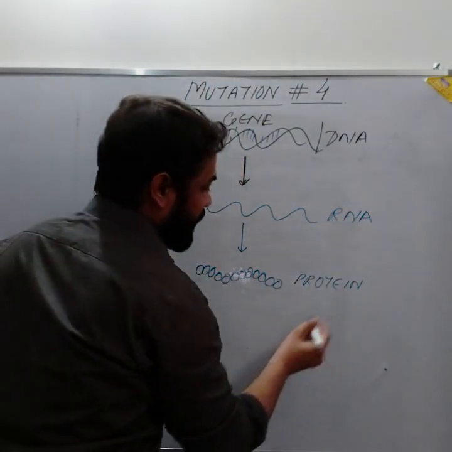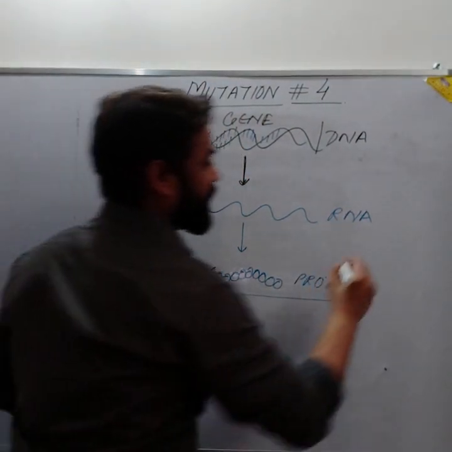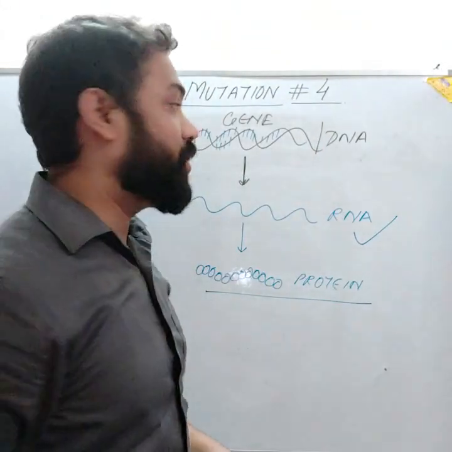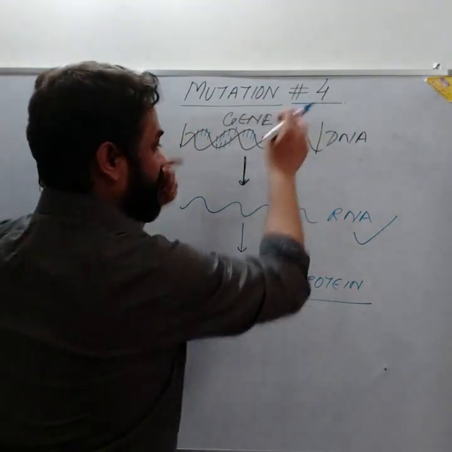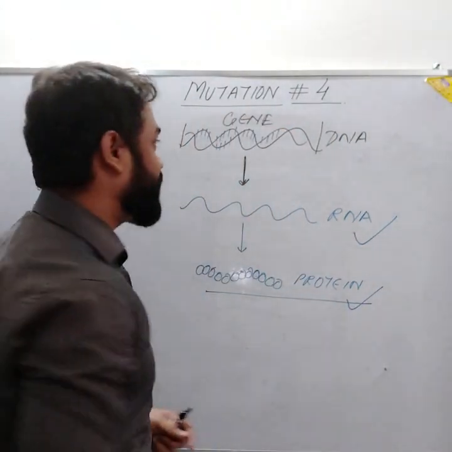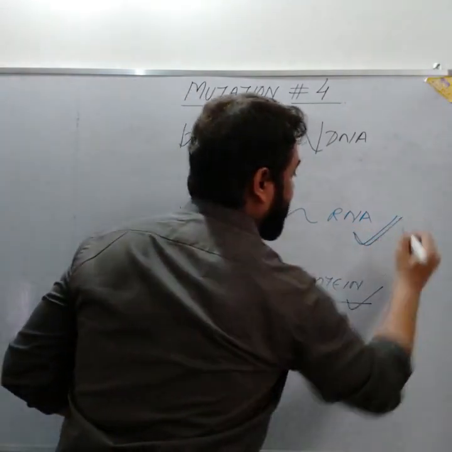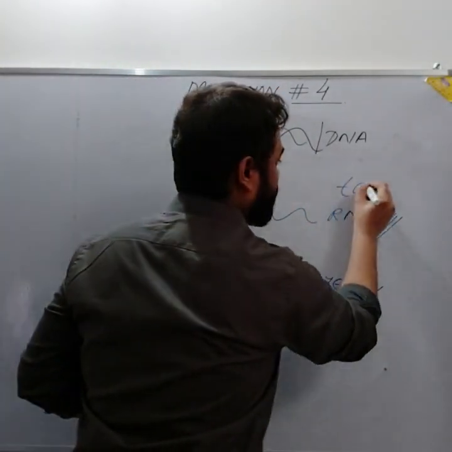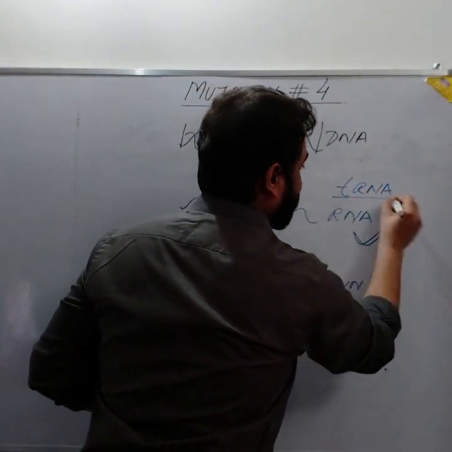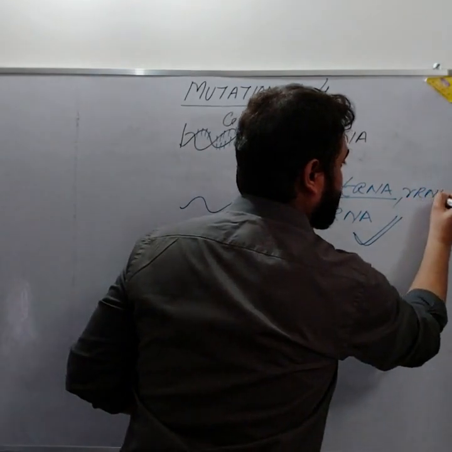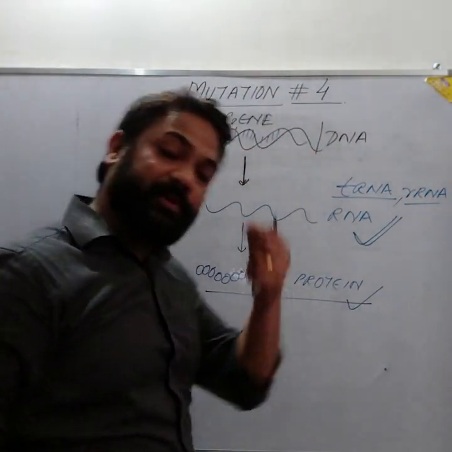Now if this gene is a structural gene or protein coding gene, then this RNA will code for protein; otherwise RNA will be the end product. It is not necessary that if I have a gene, I will always have protein as the end product. Sometimes RNA is the end product of a gene, for example tRNA, that is transfer RNA, or rRNA, that is ribosomal RNA.